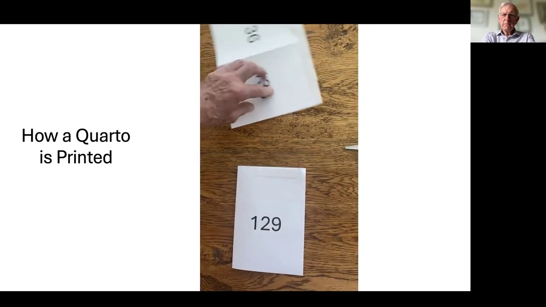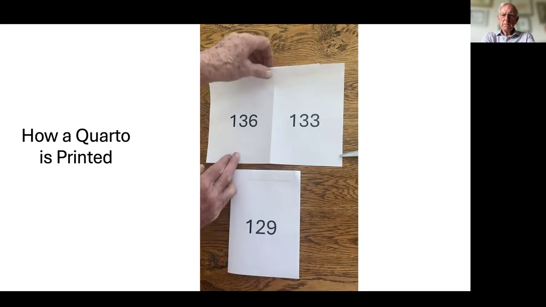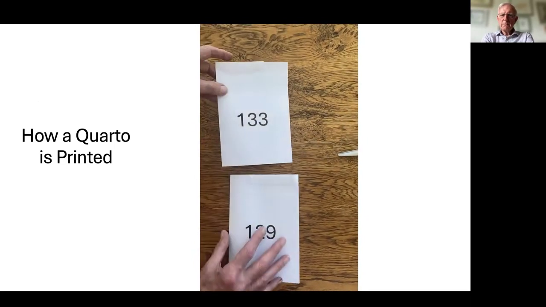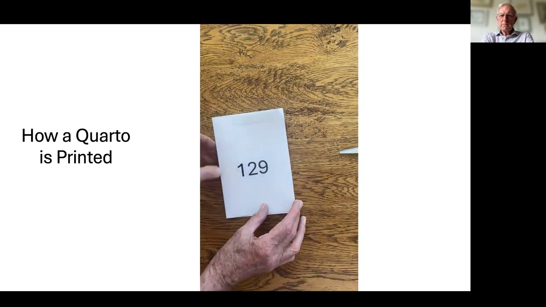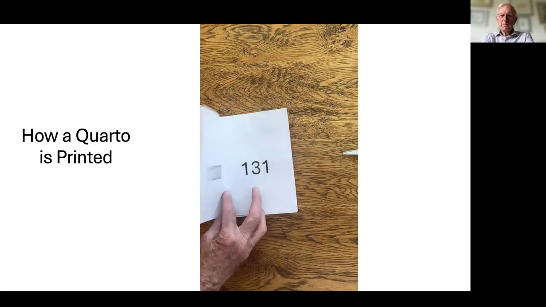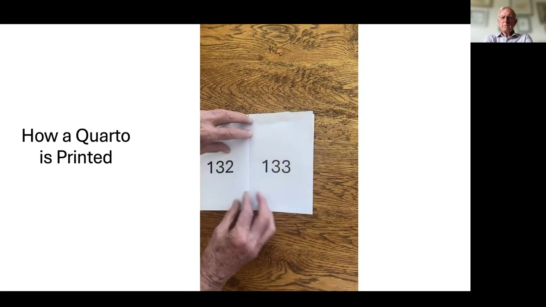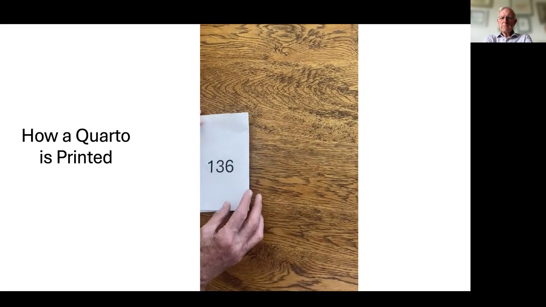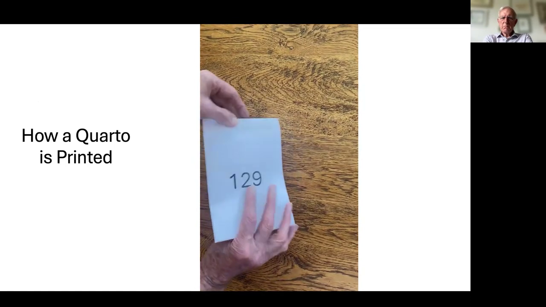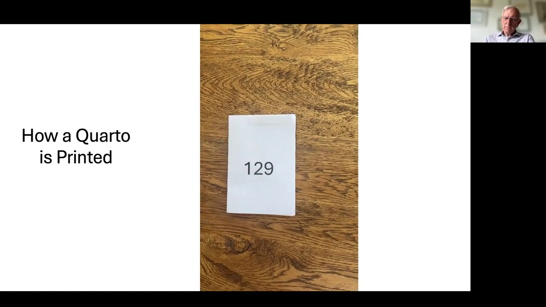The upper half is rotated, folded, and placed under the first half. 129, 130, 131, 132, 133, 134, 135, 136. And in this way, the quarto is produced.